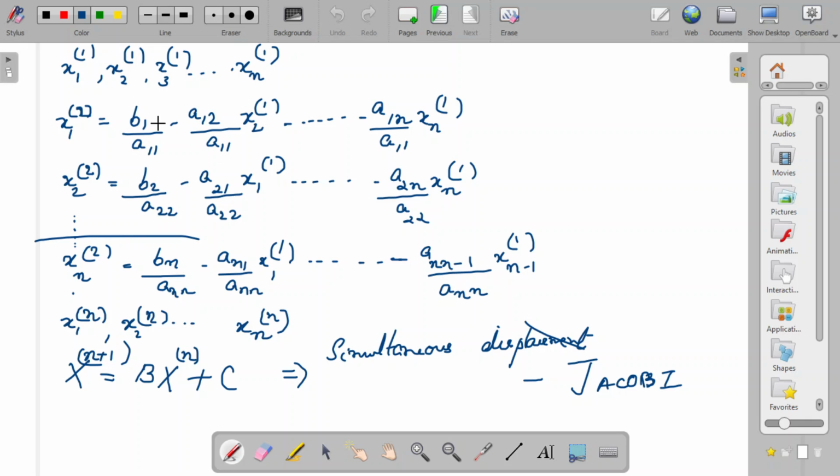So all the coefficients, when you add them together, should add up to 1, or it is said that at least in one equation, suppose I have 4 such equations, at least in one equation all the coefficients when added together should be less than 1.